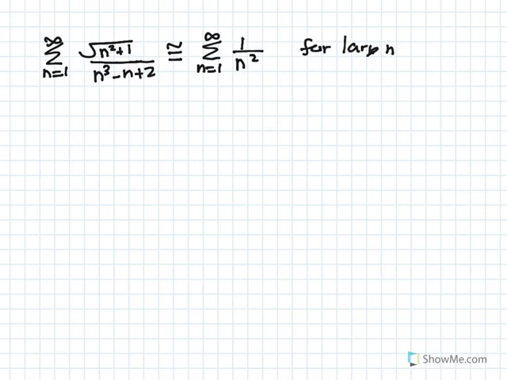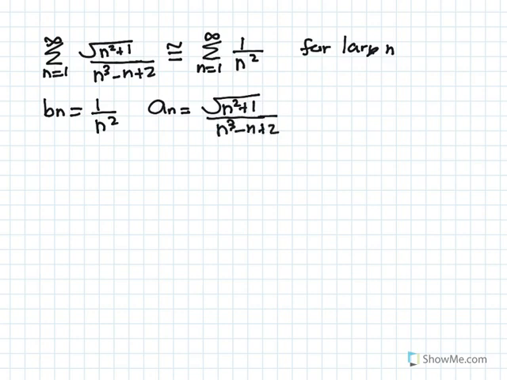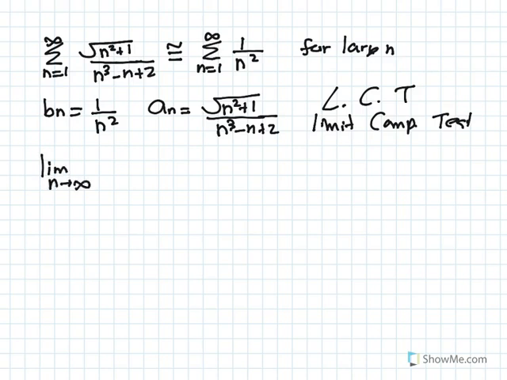So we're going to apply the limit comparison test with b_n equal to 1 over n squared and a_n equal to root of n squared plus 1 divided by n cubed minus n plus 2. So let me write it in full. For the limit comparison test, we form the ratio: limit as n approaches infinity of a_n divided by b_n.